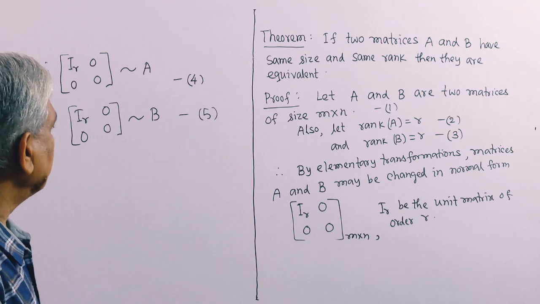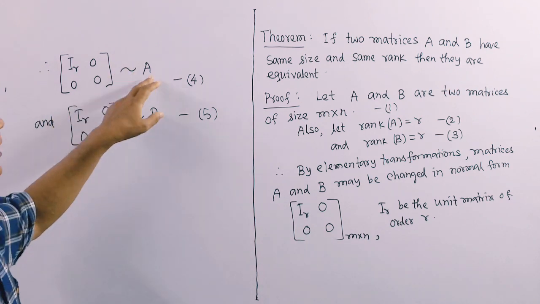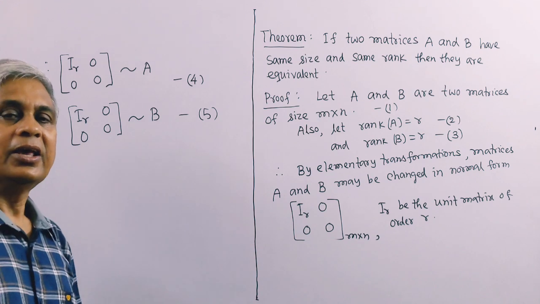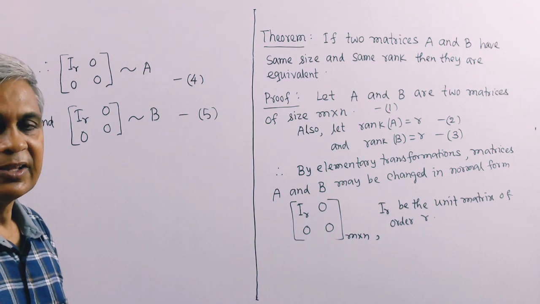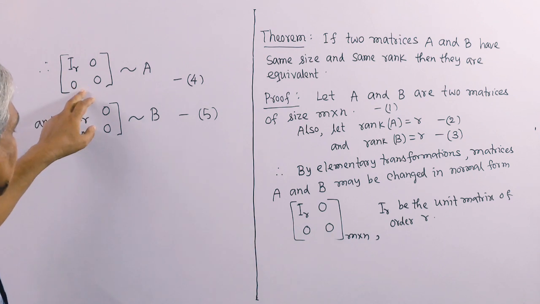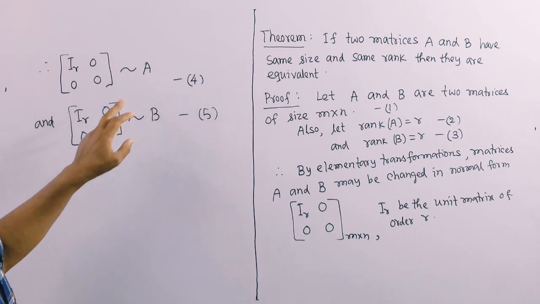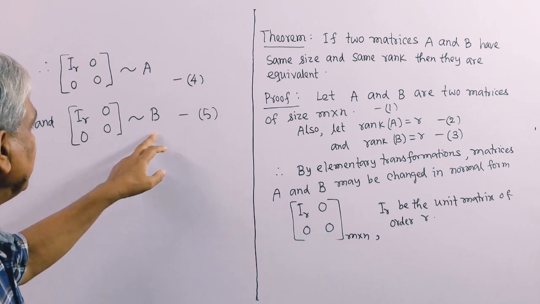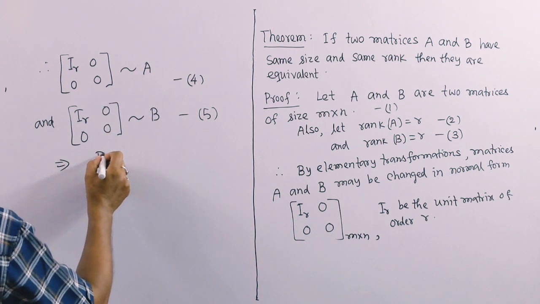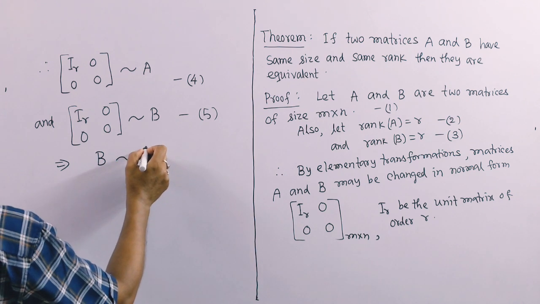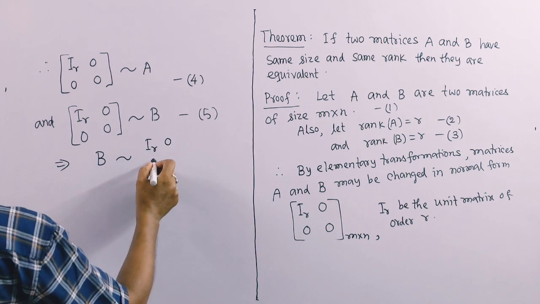Means if a matrix is obtained from another matrix by a finite number of elementary transformations, then this matrix is equivalent to A. Similarly, this matrix is equivalent to B. Implies that B is equivalent to [IR 0; 0 0].